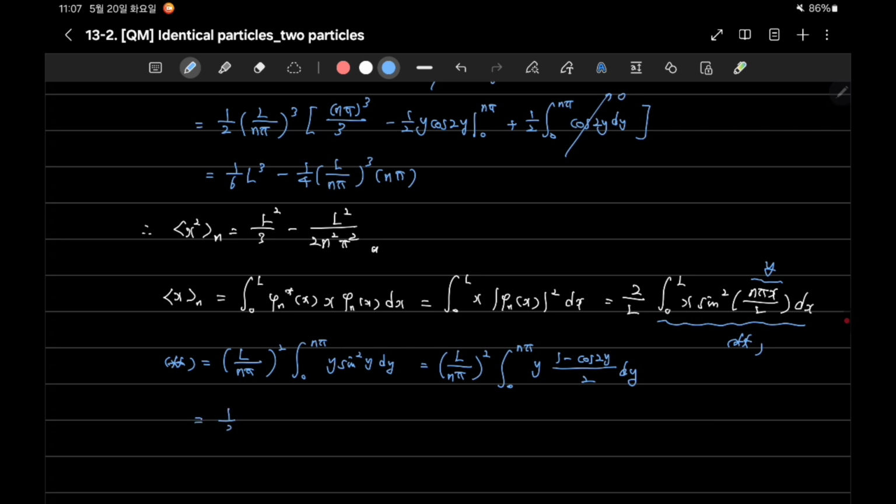Then 1/2 L over n pi squared; the integration of y is y squared over 2 from 0 to n pi, minus y cosine 2y, which also should be integrated by parts, giving 1/2 y sine 2y from 0 to n pi plus 1/2 integral from 0 to n pi of sine 2y dy. Also this term is 0.